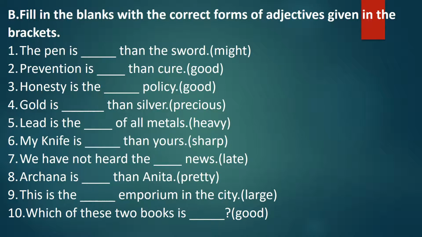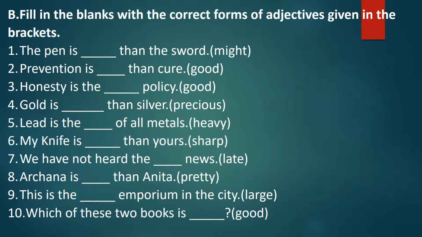We are not comparing two things, there are so many news about it. So the superlative degree will come. So the superlative degree of late is latest: we have not heard the latest news. Okay.